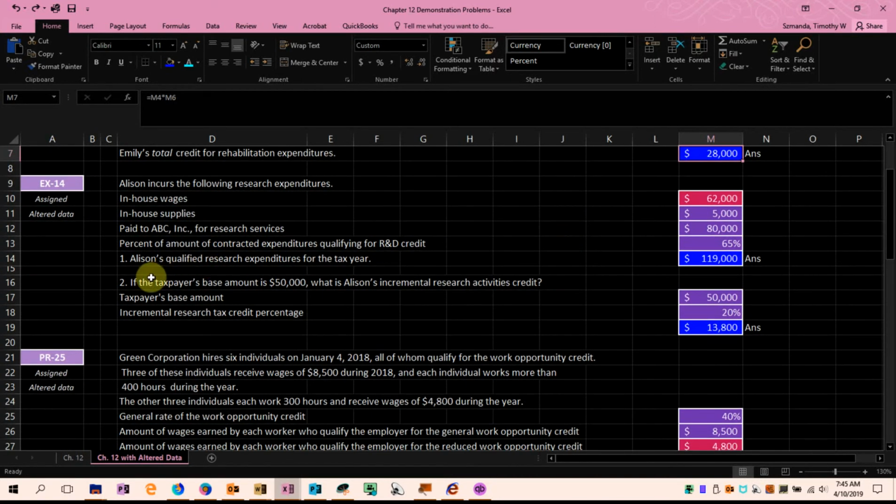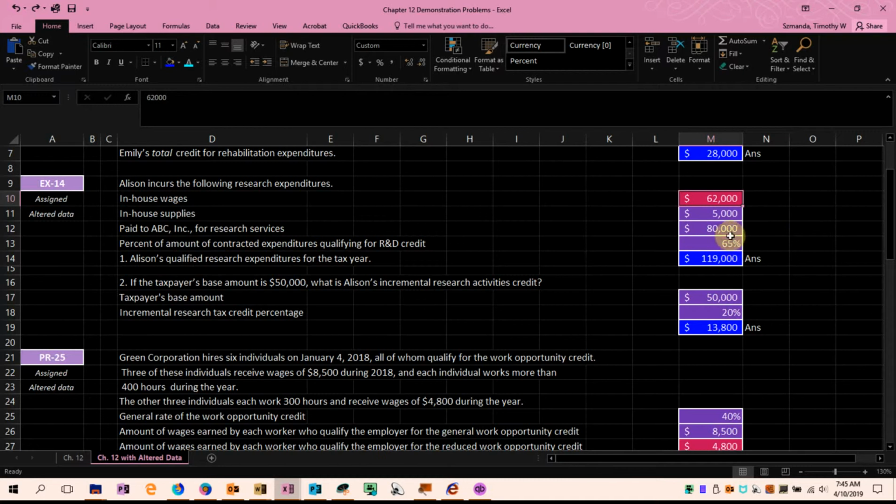In the second exercise, number 14, Allison incurs some research expenditures. I altered this data, and the rest are assigned questions that I've altered. And so we have $62,000 of in-house wages, in-house supplies of $5,000, and then consulting or contracting work of $80,000.